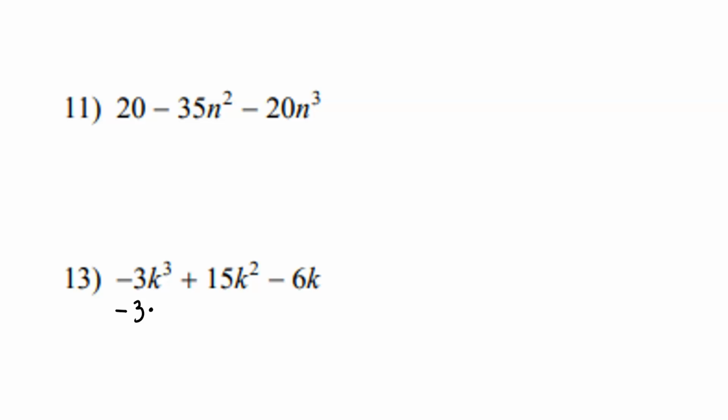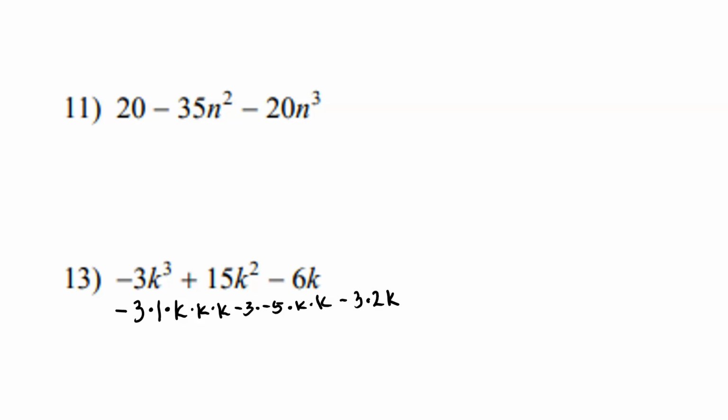So this is the same as saying -3 times 1. K cubed is k times k times k. And then we've got positive 15 is the same as saying -3 times -5. K squared is the same as k times k. And then minus 3 times 2k.